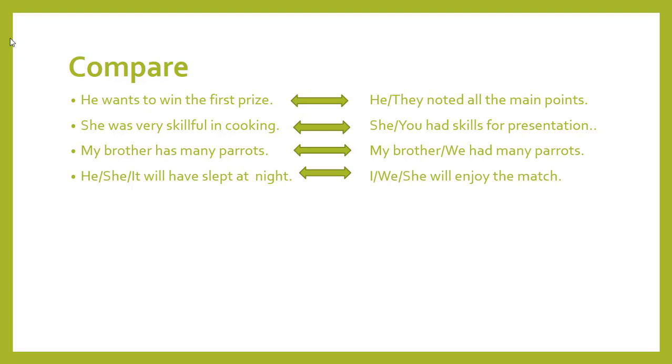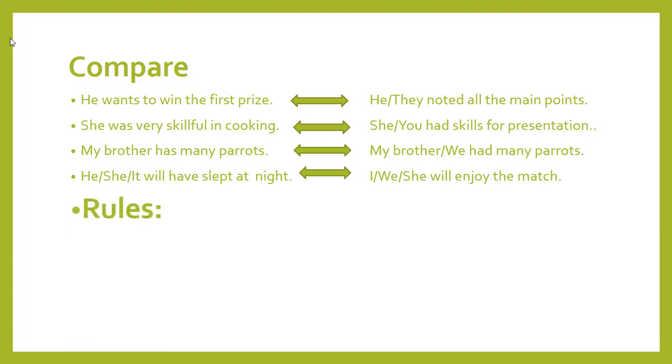I is first person singular, we is first person plural, while she is third person singular, but I, we and she have the same verb form. I or we or she will enjoy the match.